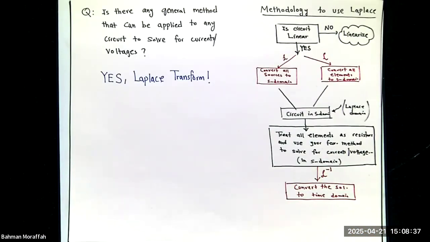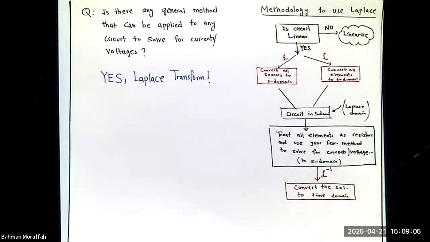Right? So if I know how to convert all the sources to the S domain version of them, if I know how to convert all my elements into the S domain equivalent version of them, and if I know how to go backward from the S domain to the time domain, then I can solve any circuit.